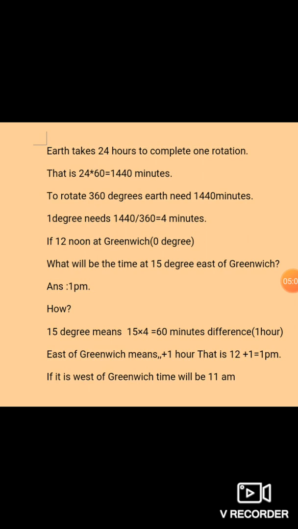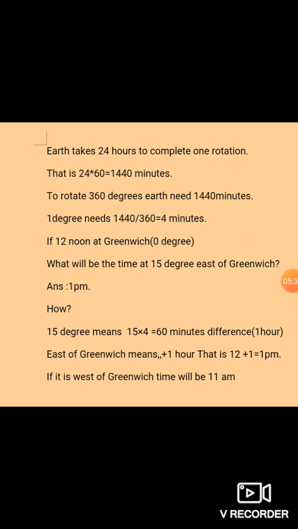That is 1 hour ahead of Greenwich time, that is 1 p.m. We add 12 plus 1 hour, that is 1 p.m. But at 15 degree west of Greenwich, it will be 11 a.m. How did we get it? We are reducing 1 hour from 12 noon, so we get 11 a.m.